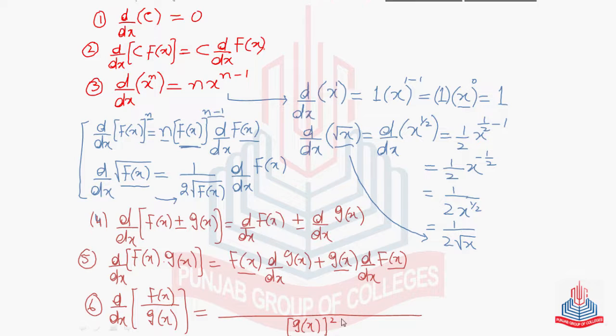In the numerator, g(x) will remain the same and the derivative will apply d by dx on f(x), minus f(x) will remain the same and the derivative will apply on g(x). So d by dx of g(x). So these are our 6 theorems or 6 results.